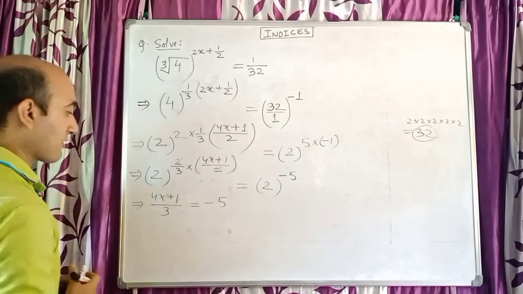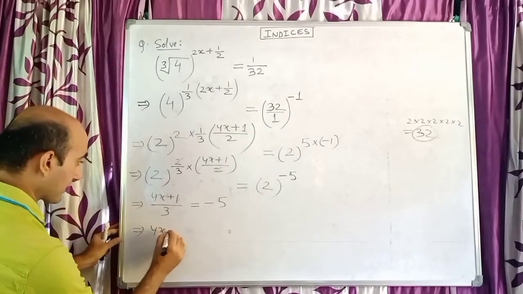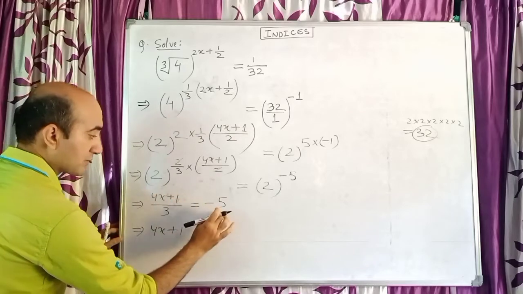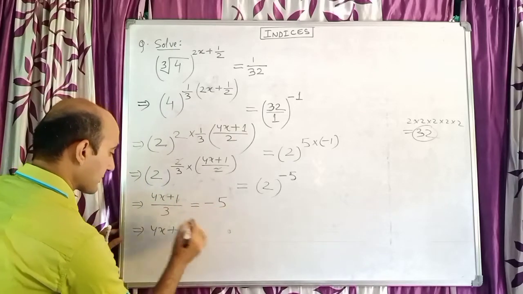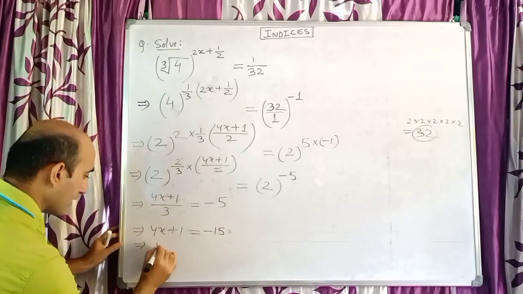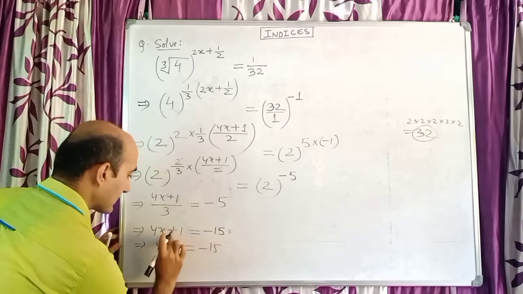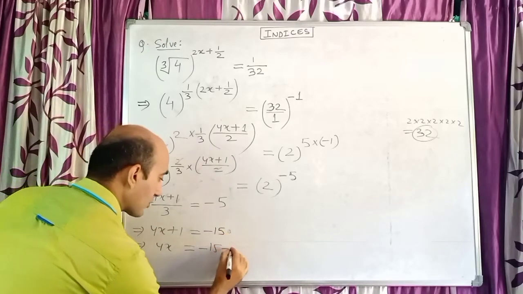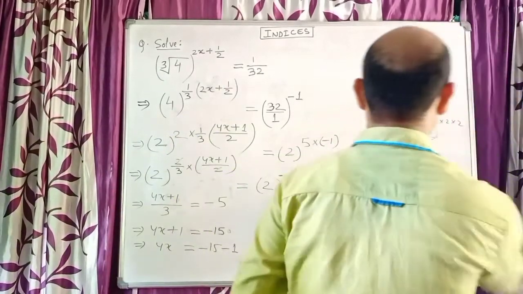So from here you can find the value of x now. Very easy. It's time to cross multiply. 4x plus 1 will cross multiply with 1, and 4x plus 1 is equal to 5 3s are 15, but minus 15. Next, 4x equal to minus 15, and this plus 1 will become minus 1.